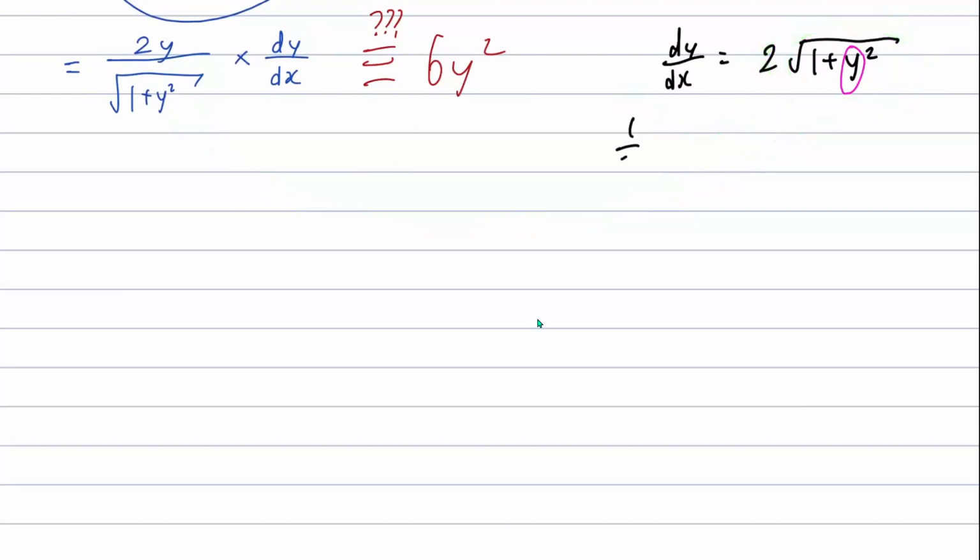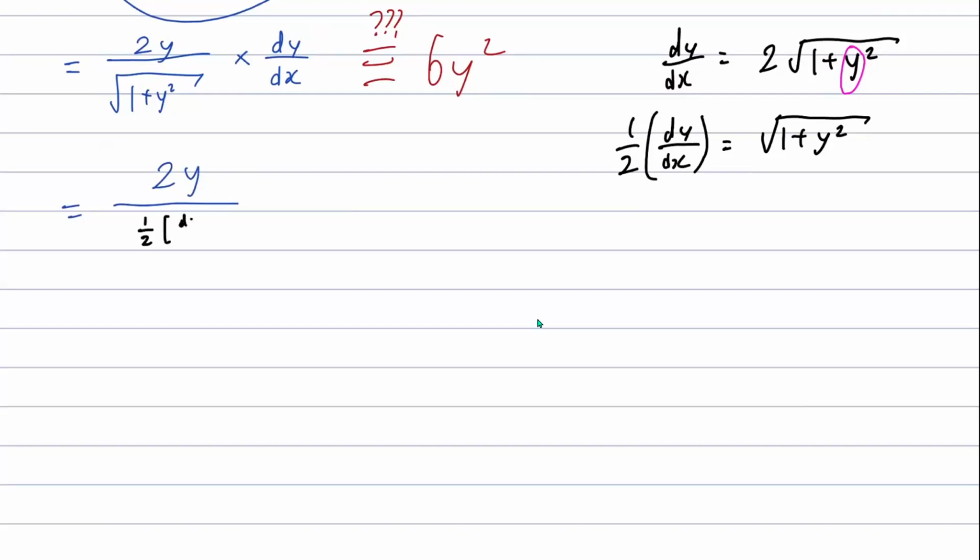So wouldn't it be nice if I can just do this instead? Half times dy by dx. Wouldn't this be a good strategy? Make square root 1 plus y squared the subject. So we get half dy by dx. Then from there you can sub in. So what we end up with is 2y on top, all divided by half dy by dx, times dy by dx.